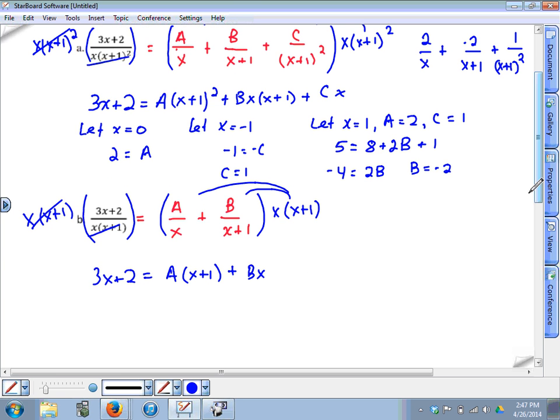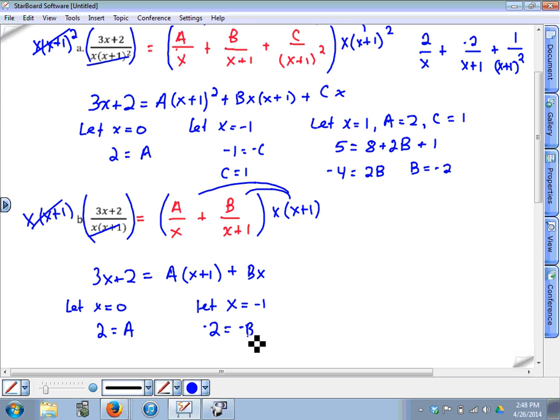And we just do the same thing we did in part A. We can actually use the same two convenient values. If we let x equal 0, then we have 2 is equal to A. If we let x equal negative 1, then we have negative 2. That term would be gone.